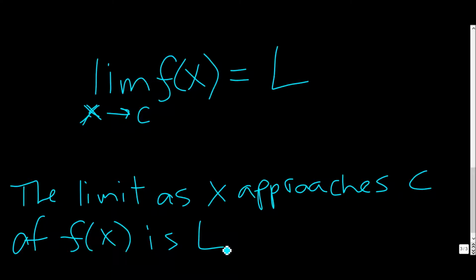It's going to have some value, or it's not going to exist. But that's the way we read it: the limit as x approaches c of f of x equals L. So keep that in mind when we're going through some of these problems.